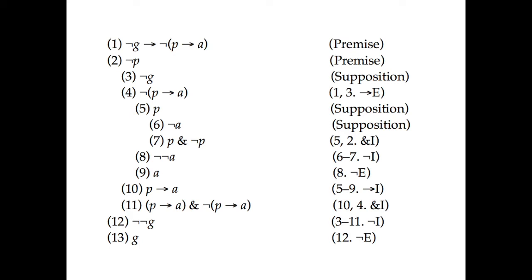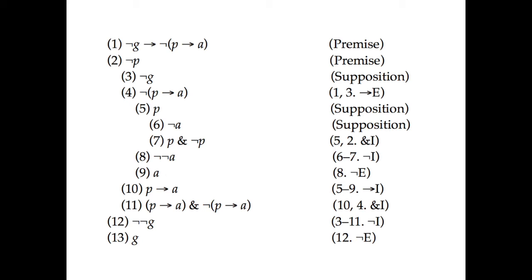In other words, supposing P allowed me to prove that A. And so P arrow A is true, even not using the supposition on line 5, okay? So line 10, you'll notice, contradicts line 4. And so on 11, I write down P arrow A and not P arrow A. That comes from line 10 and line 4 using and introduction.